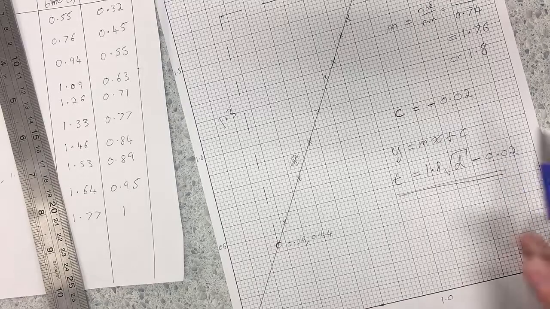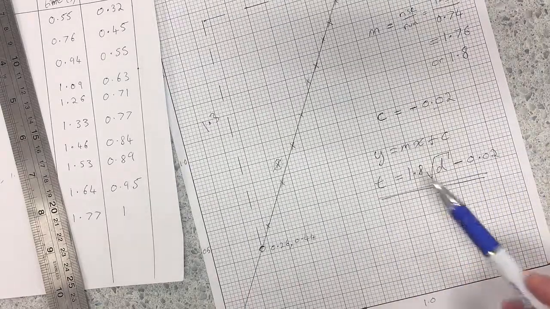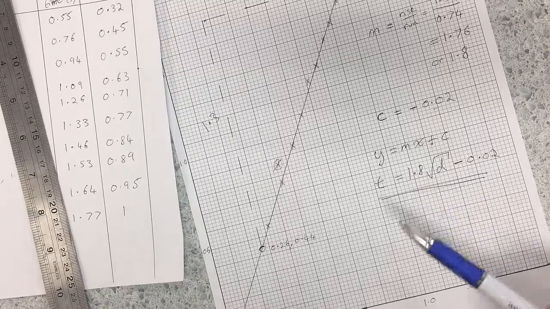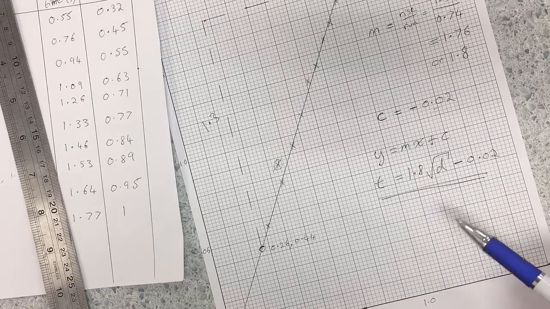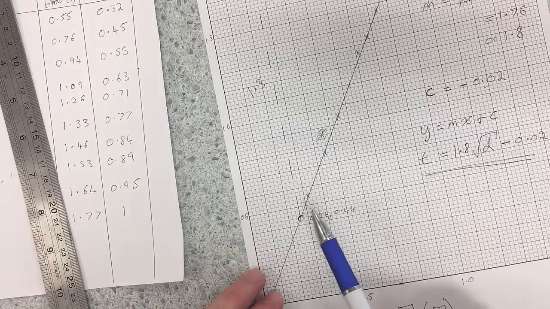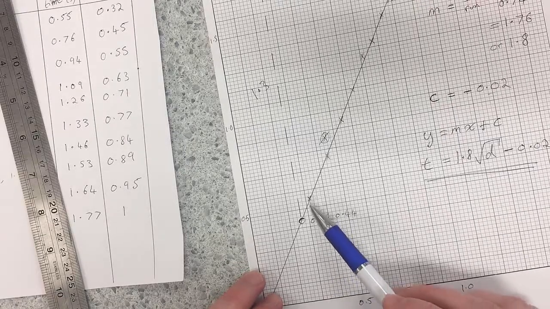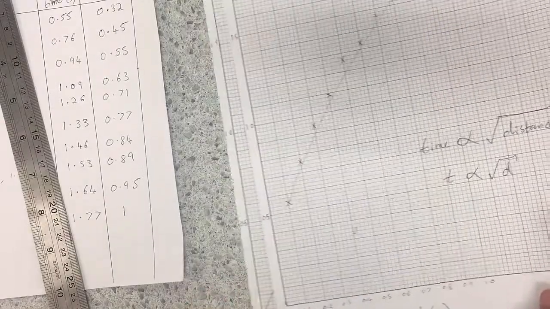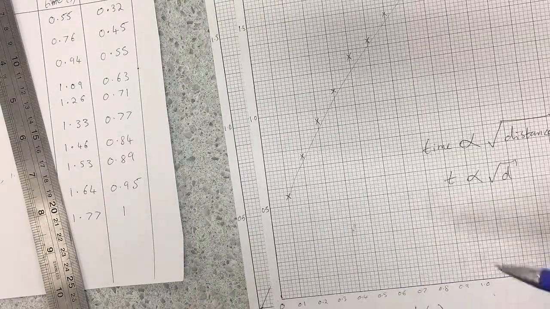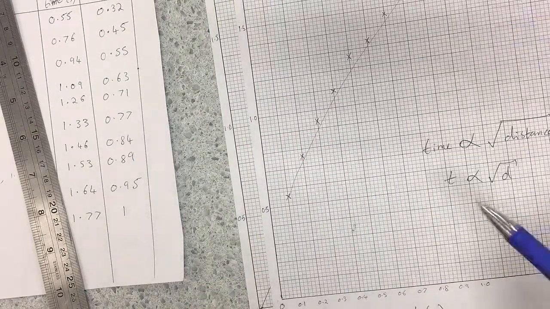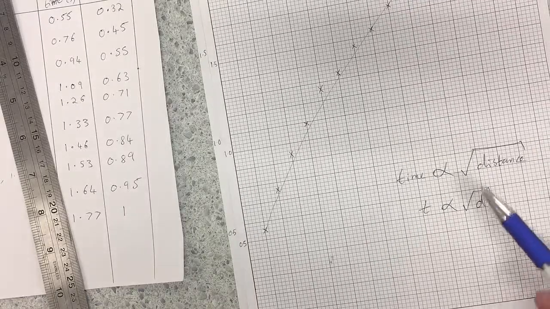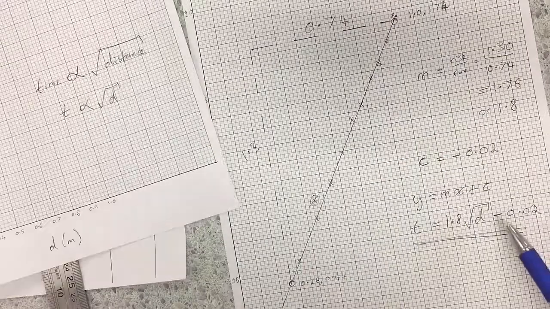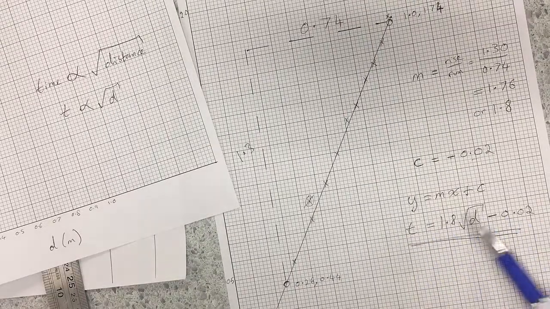We would do a conclusion stating this equation and a discussion, and in the discussion we might identify things like control variables. We would talk about why we started our range at 0.1, why our lowest value for d was 0.1, why our highest value for d was 1.0. We might talk about any way this formula relates to physics theory.